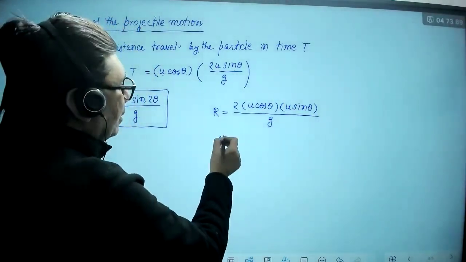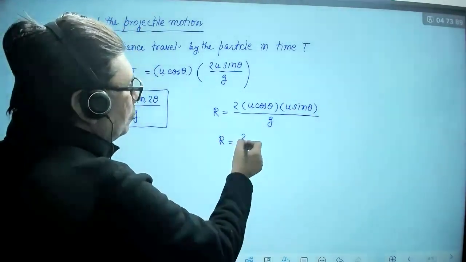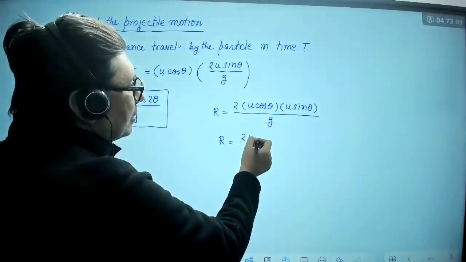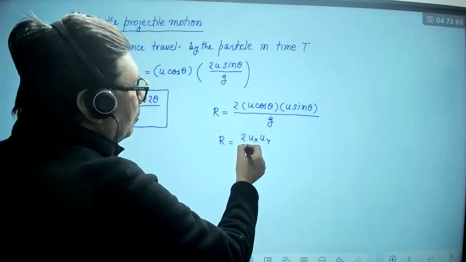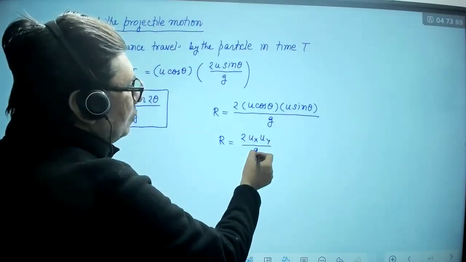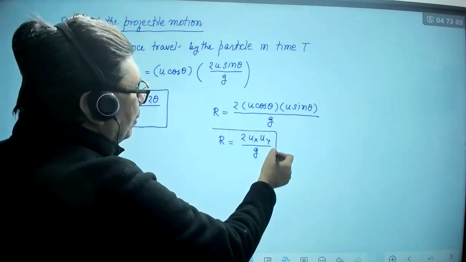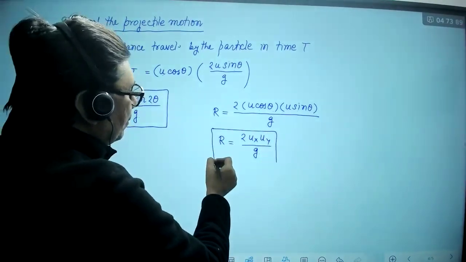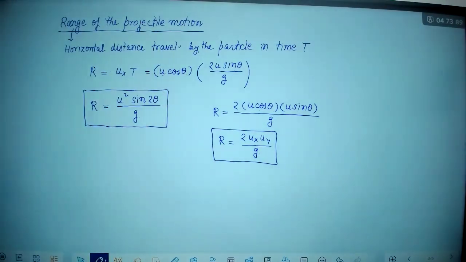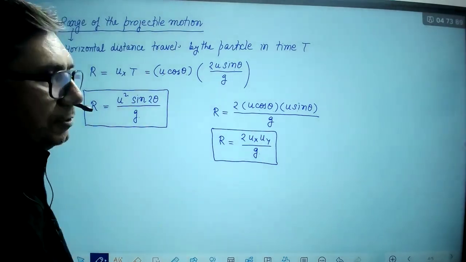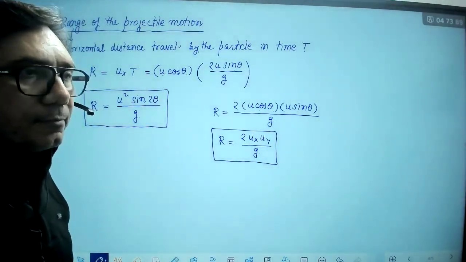So R can also be written as 2 times, what is u cos theta? ux. What is u sin theta? This is uy, upon g. You can also write the range of the projectile motion in this way. So R is equal to 2 times ux uy upon g. Is it okay?